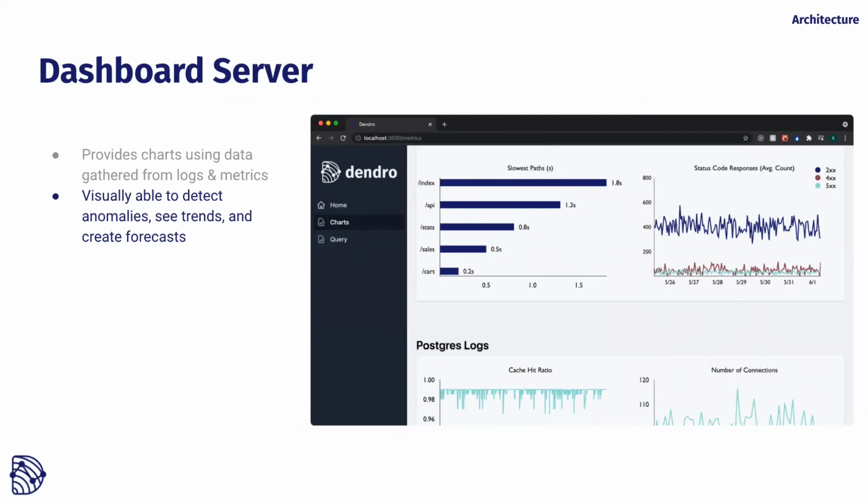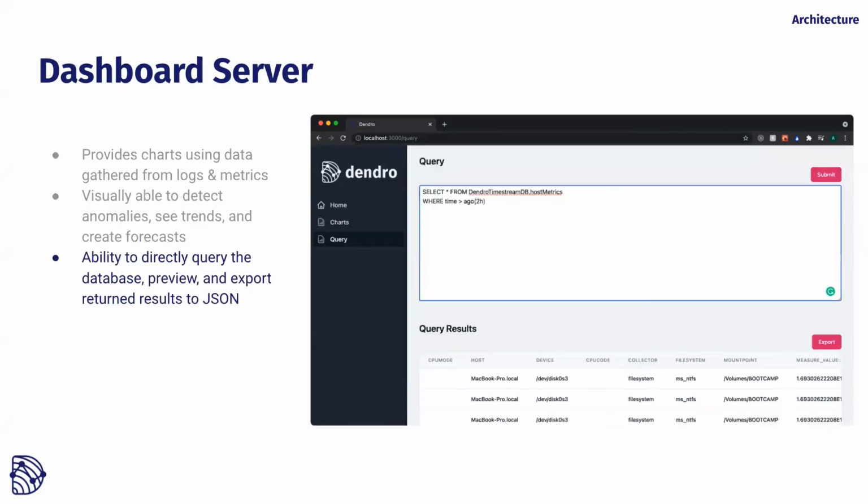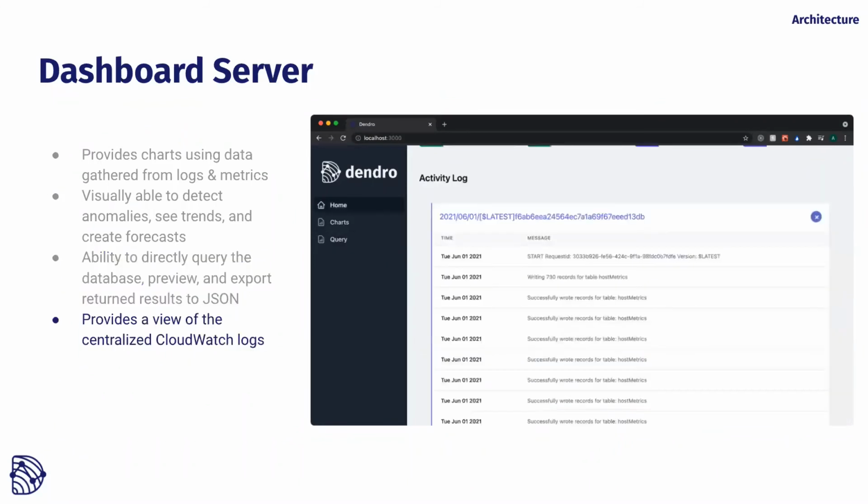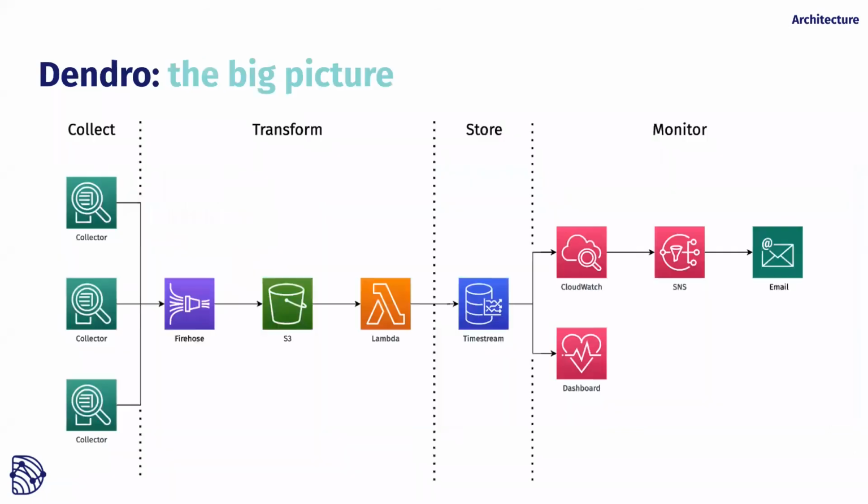These charts are dynamically generated and provide an up-to-date view of their gathered data. Using this dashboard, we're able to query TimeStream directly and view any returned rows for convenience, as well as export this data with a simple click of a button. CloudWatch logs are also available for view in the dashboard. This centralized hub provides a quick visual overview of the distributed system's overall health.